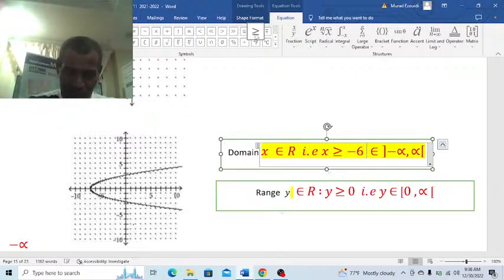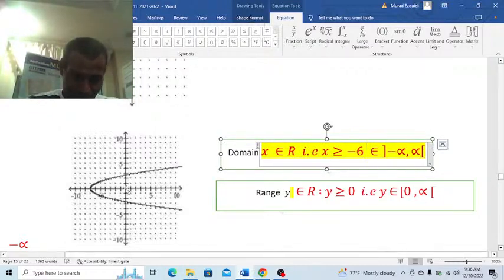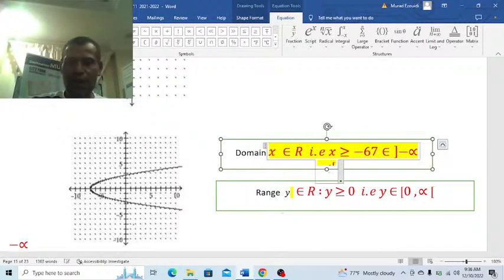If we count, this is -1, -2, -3, -4, -5... wait, if we suppose this is 0, -1, -2, -3, -4, -5, -6, -7. Okay, -7.